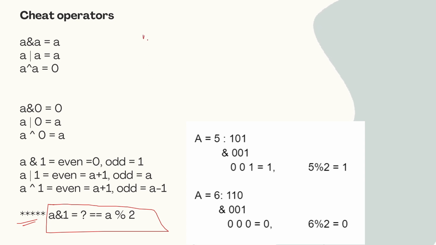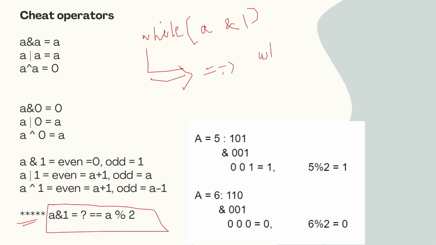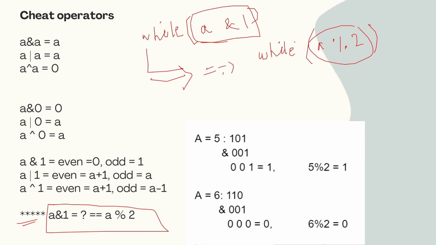That means if I have written something like while a and 1, then this is completely equal to while a modulo 2. So instead of doing this complex bit manipulation, you can simply say a modulo 2.